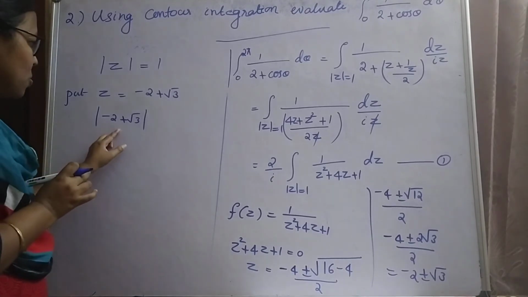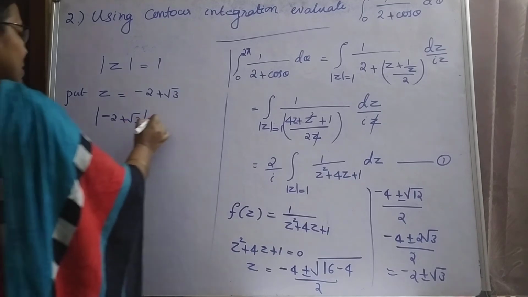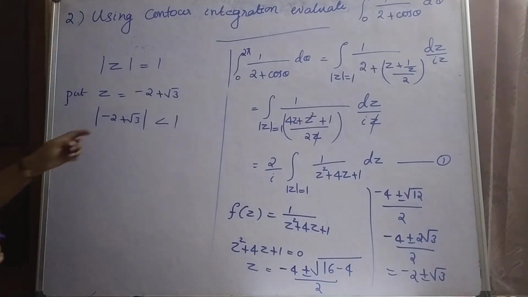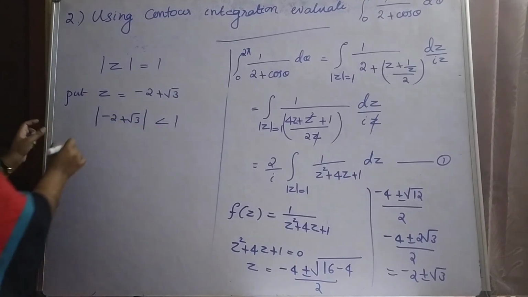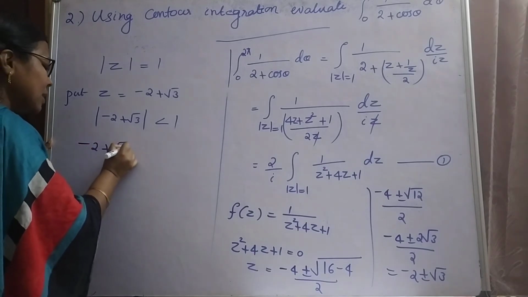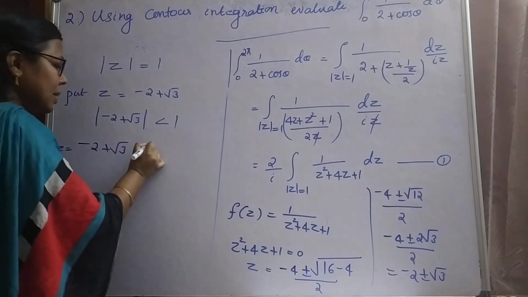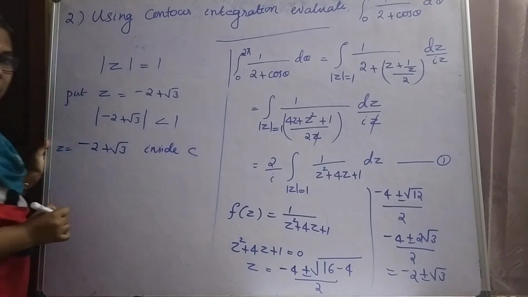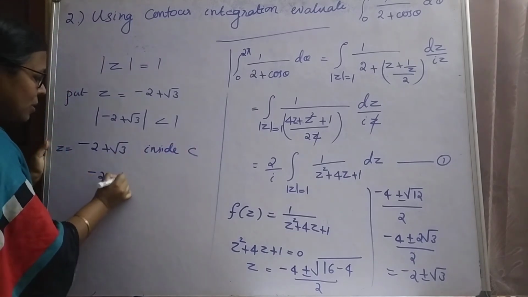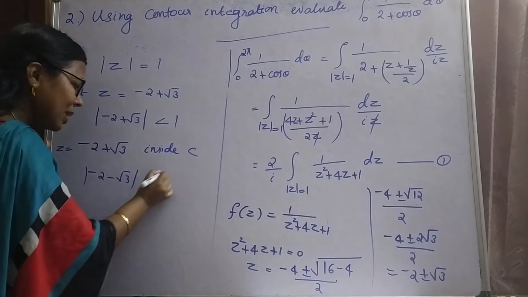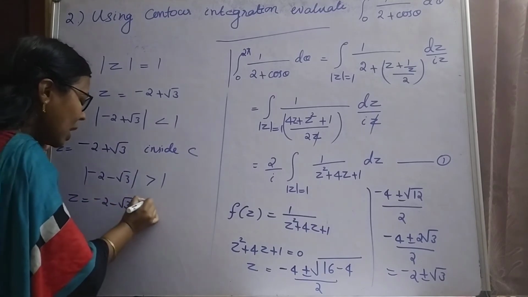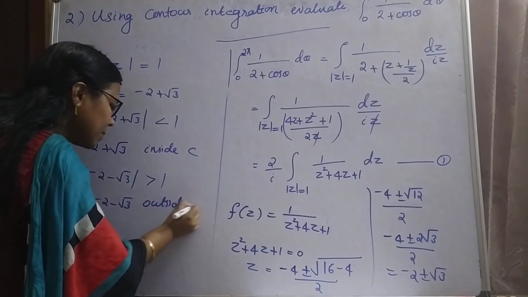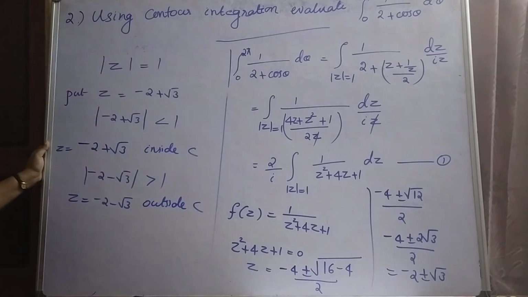By doing the calculator work, the value of minus 2 plus root 3 is less than 1. Therefore, minus 2 plus root 3 lies inside C. Then what about minus 2 minus root 3, which is greater than 1. Therefore, z equal to minus 2 minus root 3 is outside C. Now we have to find the residue at z equal to minus 2 plus root 3.